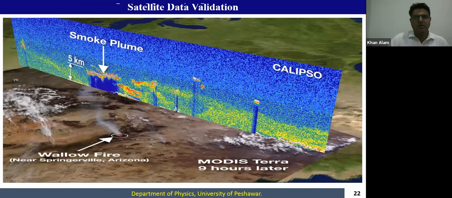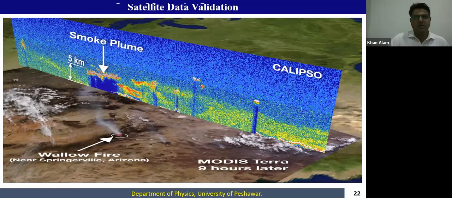CALIPSO, look at this picture. You can see that CALIPSO passed over some region in Arizona. The image below shows MODIS passing over that specific time that has this CALIPSO image.